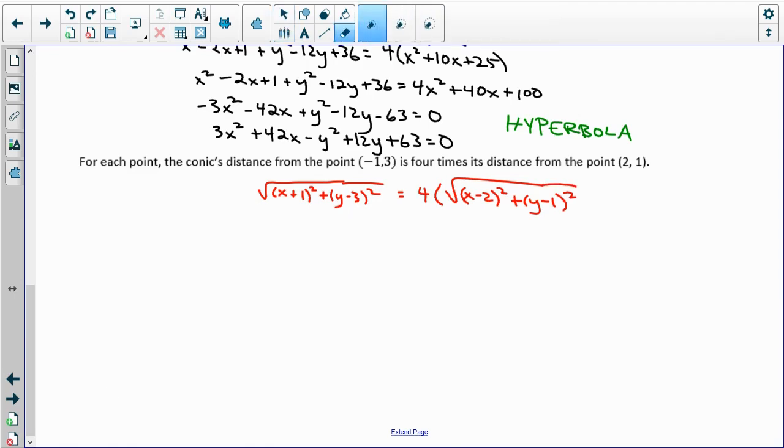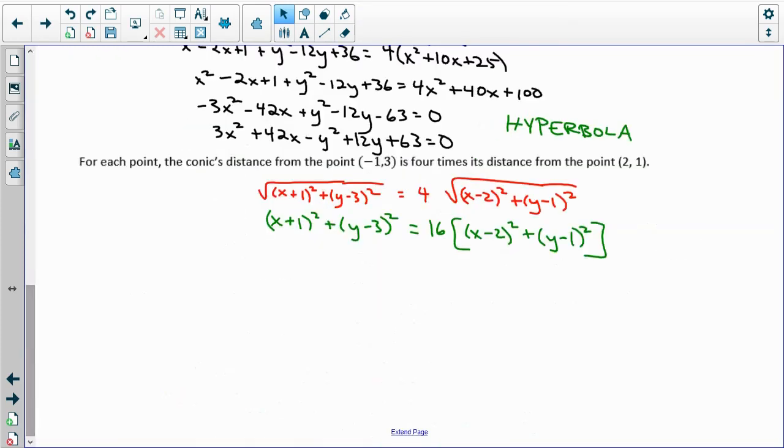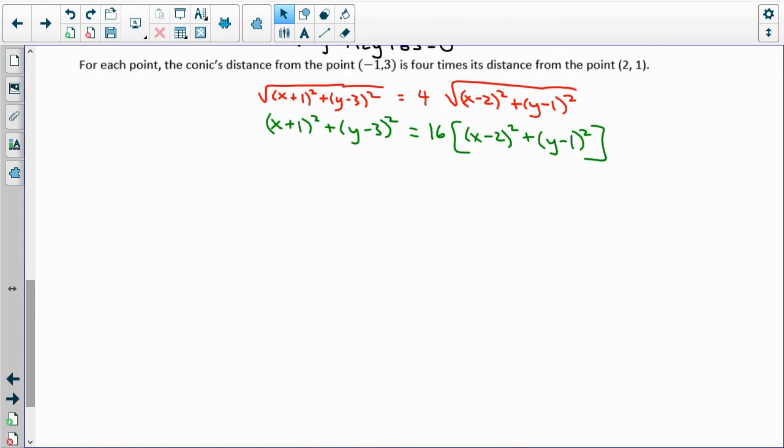So in this problem, we basically are doing the same thing over and over again, but we just have to make sure that we know what's happening. So I'm going to square both sides. I have 16 times x minus 2 squared plus y minus 1 squared. And now this just becomes more and more of the same procedure. So here we go.